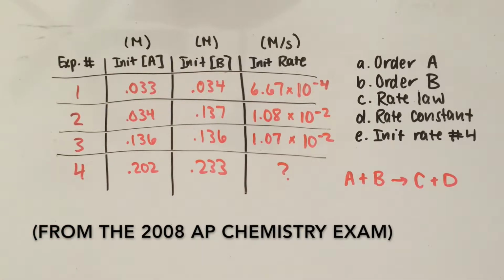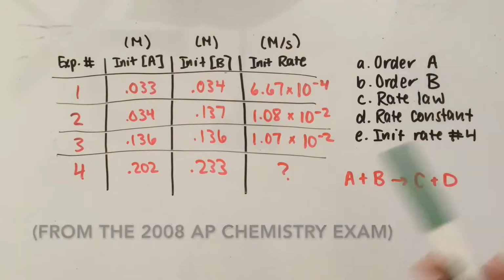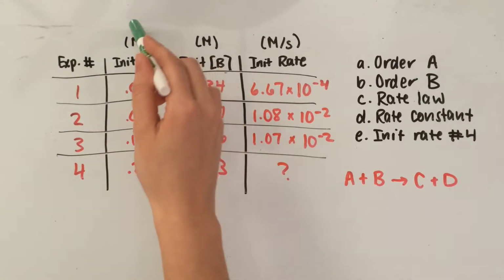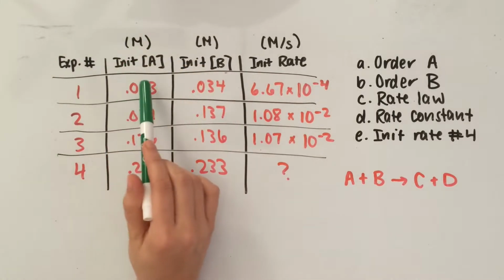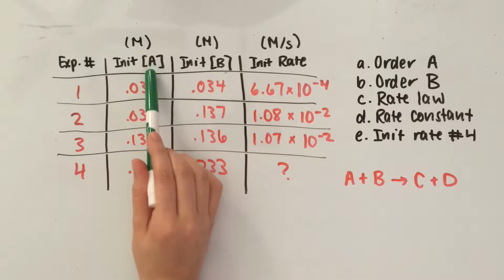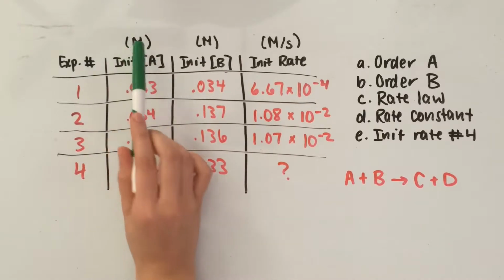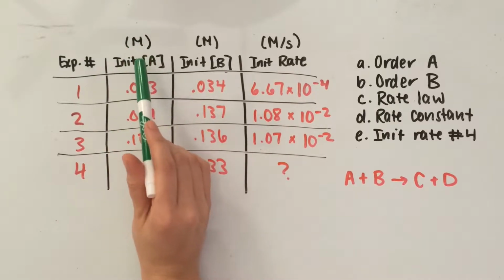So let's start on the first part of the question, find the order of the reaction with respect to A. Here I'm going to look down this column, which gives me the initial concentration of A, and the units are molarity, which is moles per liter.